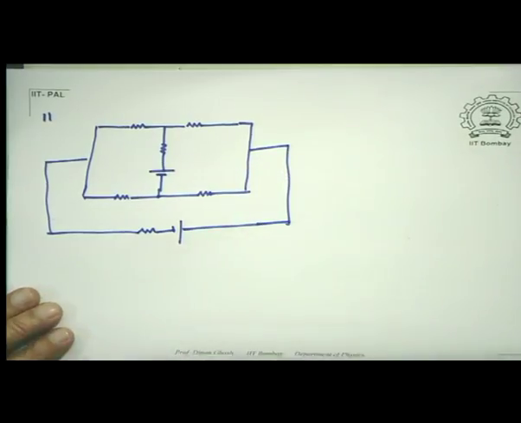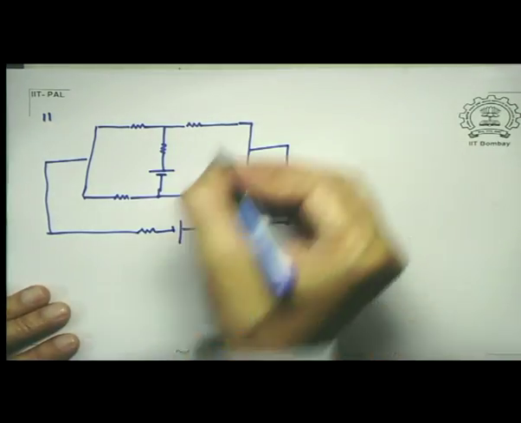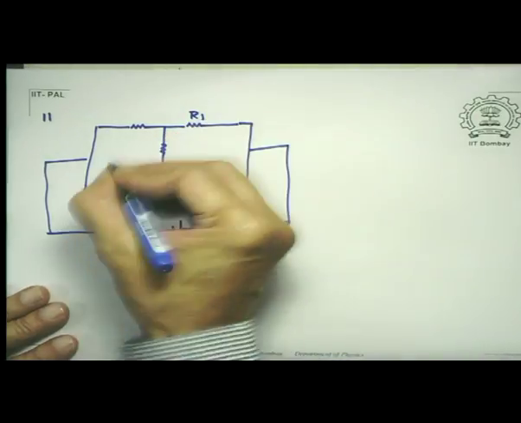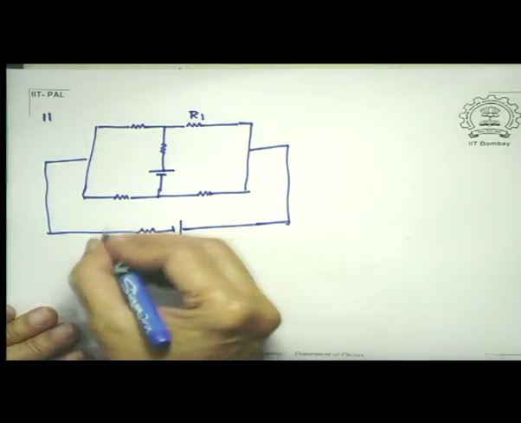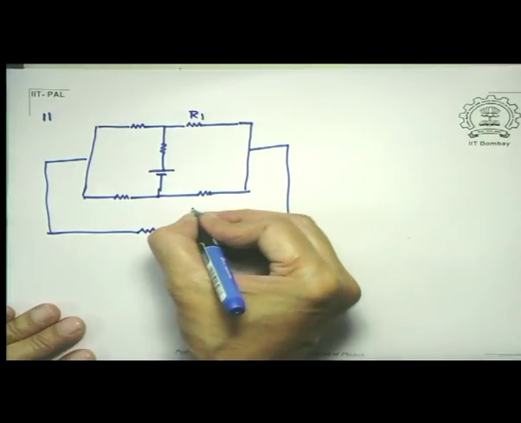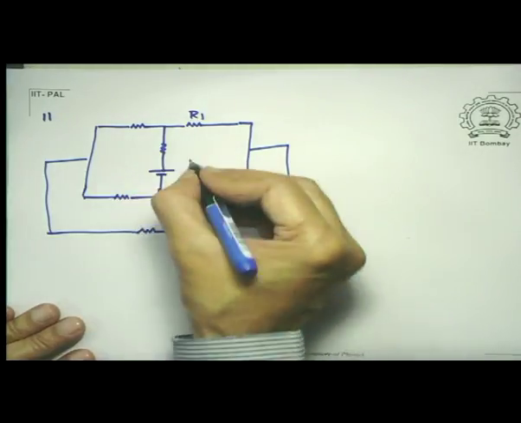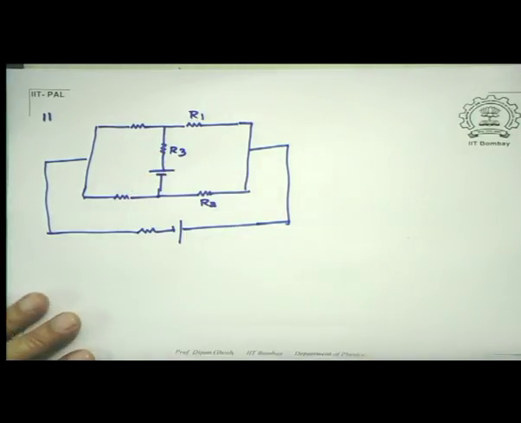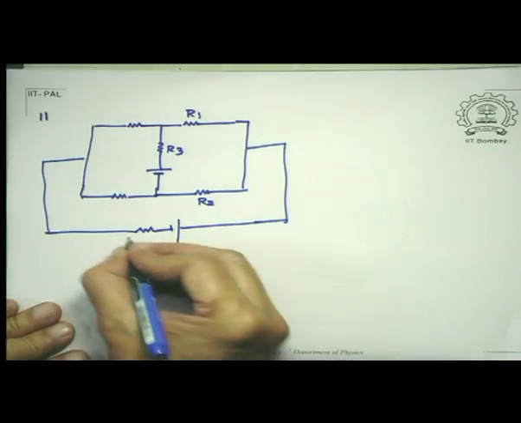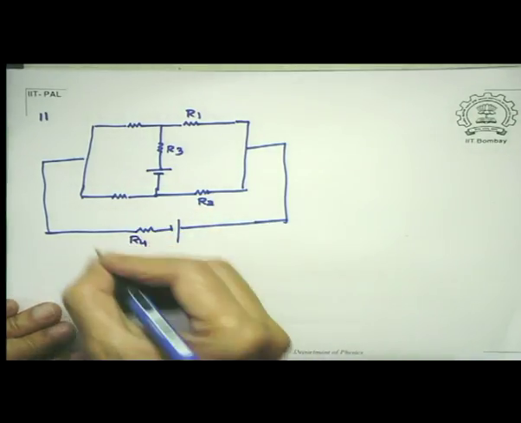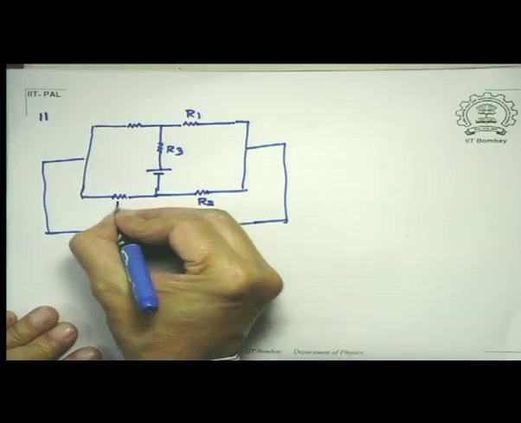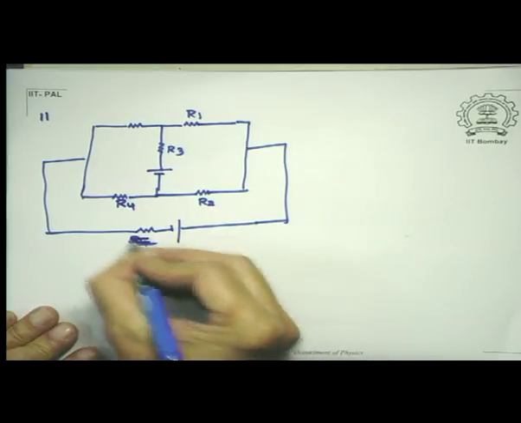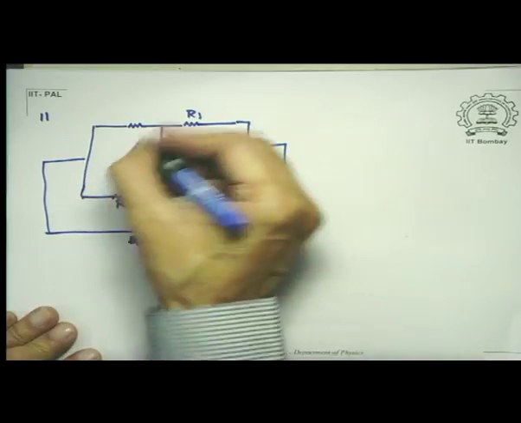Consider a circuit like this. Let me number them. This is R1, this is R2, let's call this R3, let's call this R4. Now let's just call this load resistance R, and this is R5.